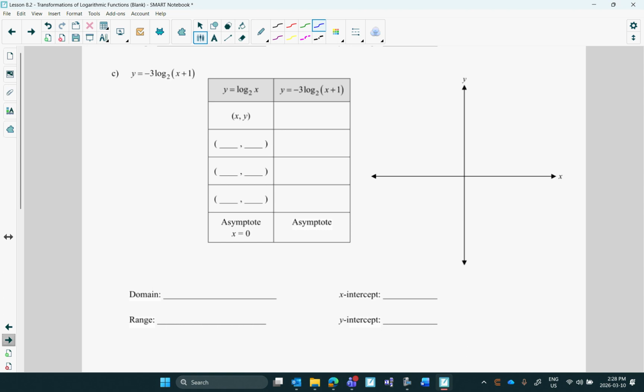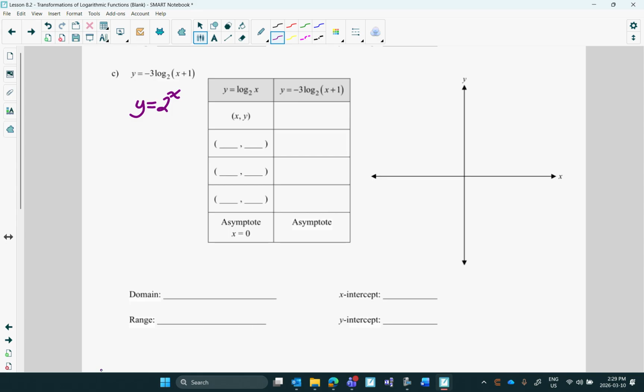This one, I think we're definitely going to want to use mapping notation because there are 3 things to consider. But remember, first do a table for y equals 2 to the x, because the log is base 2. Get those 3 points and then reverse them.